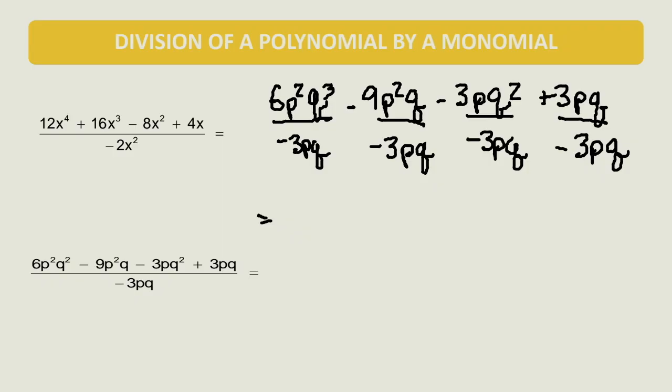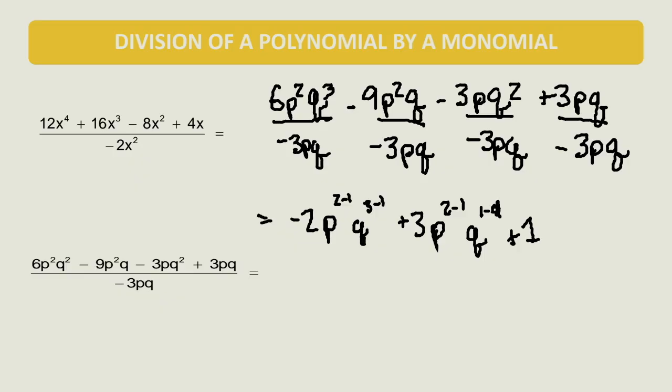Anywho, 6 divided by negative 3 gives me a negative 2. P, I'm not going to write all my exponents out this time. You know what? No, I will. Okay, 2 minus 1, q, 3 minus 1. Negative 9 divided by negative 3 becomes a positive 3. And then I get p, 2 take away 1, q, 1 take away 1, so that'll become a 0. Plus negative 3 divided by negative 3 is 1.